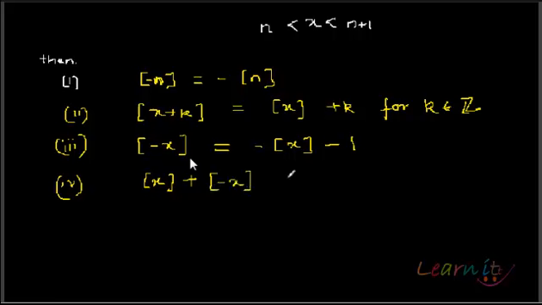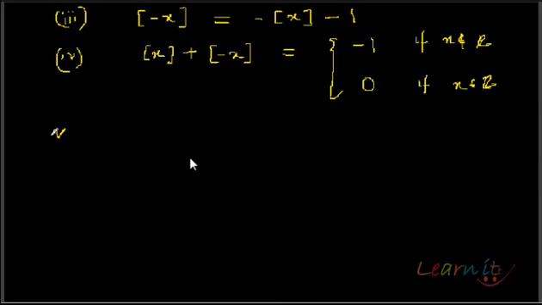And next is greatest integer function x plus the greatest integer function of minus x. So you can take any number for that matter. Say x is 1.1, then the greatest integer function of 1.1 will be 1, plus the greatest integer function of minus 1.1, which will be minus 2. So 1 minus 2 will be minus 1. It is 0 when x is an integer.